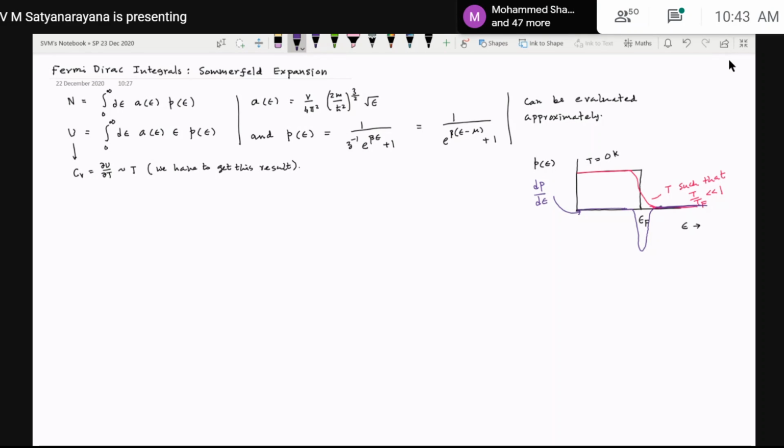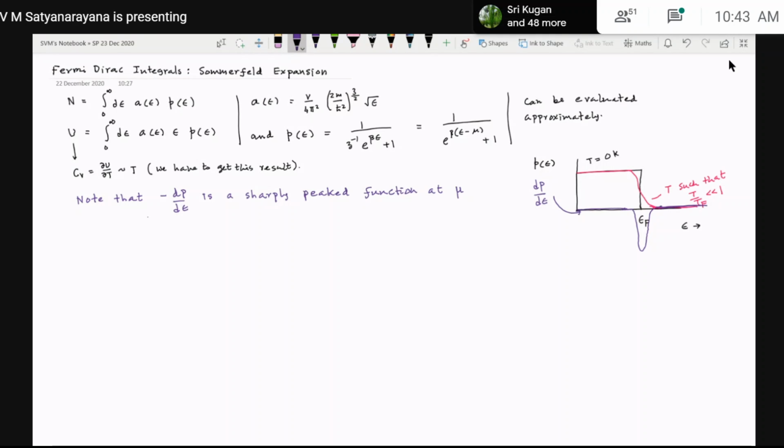So note that our understanding of the behavior of this function, minus dP by d epsilon, is a sharply peaked function at mu, basically a chemical potential, because remember this epsilon f is mu at T equal to 0. So it is actually a sharply peaked function at mu.